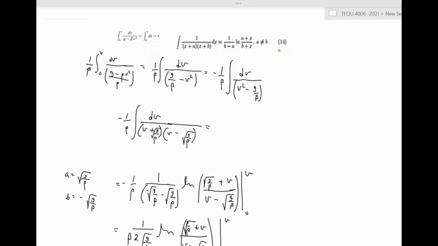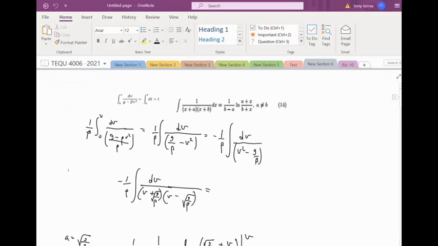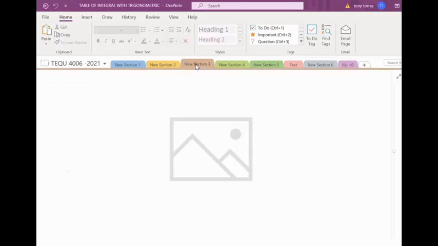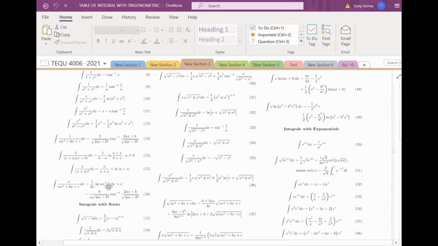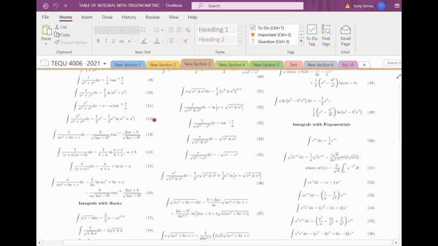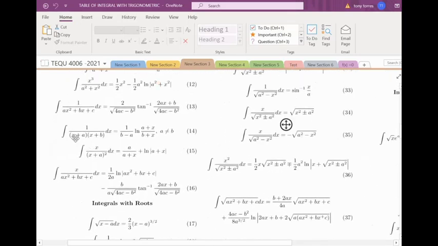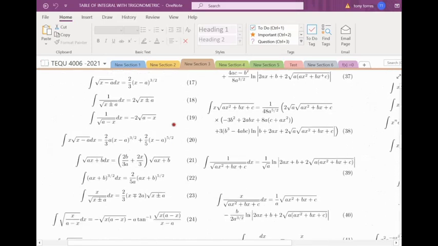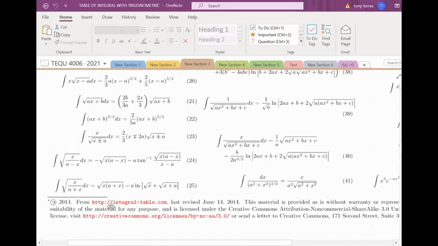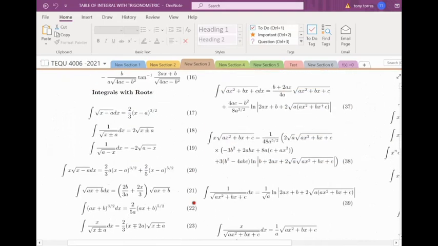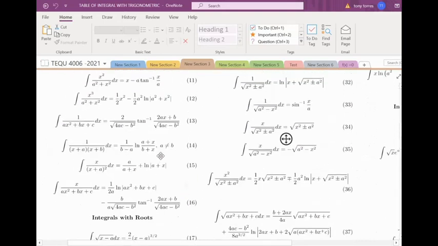Integral 14 comes from an integral table, and if I go back there for a second, let's see, there we go. This is the one I'm using from this reference, integral-table.com. You can get it from there, and I'm using 14.